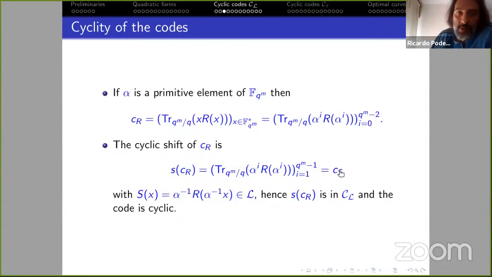So this is a codeword C_S, if we take S to be this polynomial. It's just multiplying by this element and moving the polynomial a little. But anyway, the shift is another word in the code. So these codes are all cyclic.